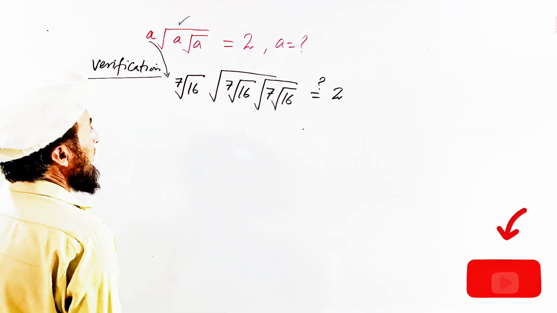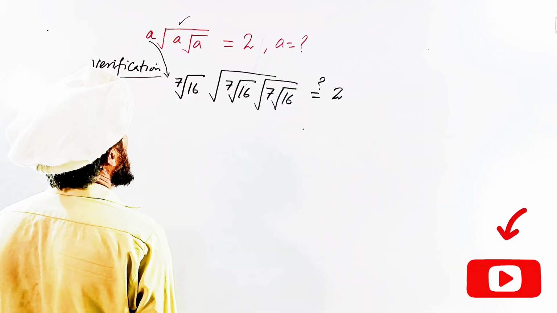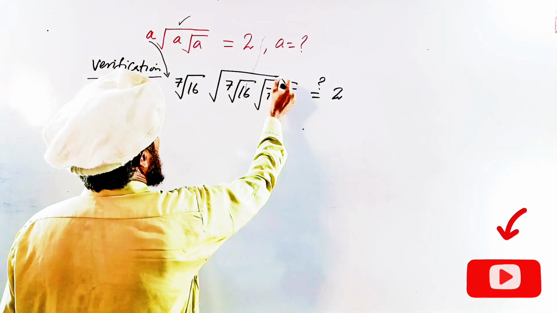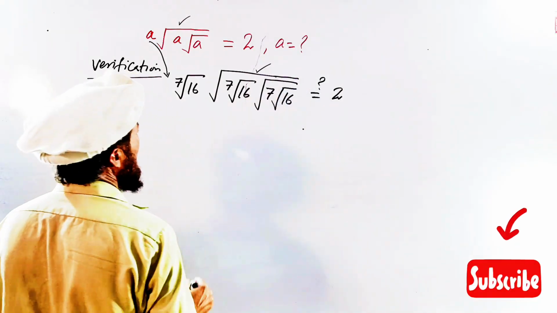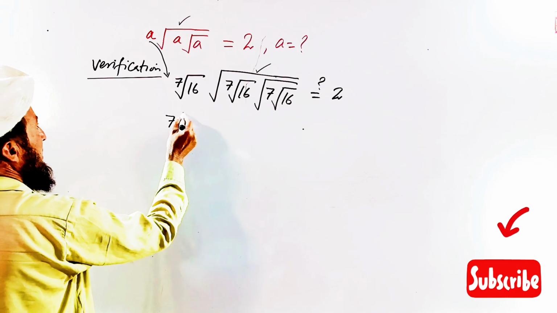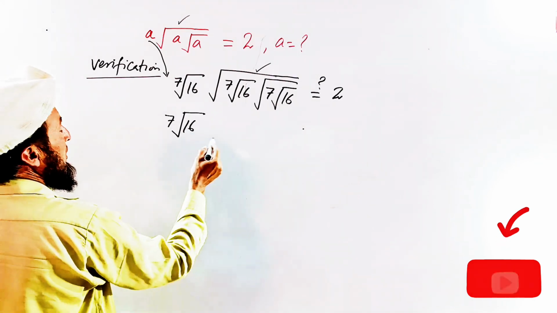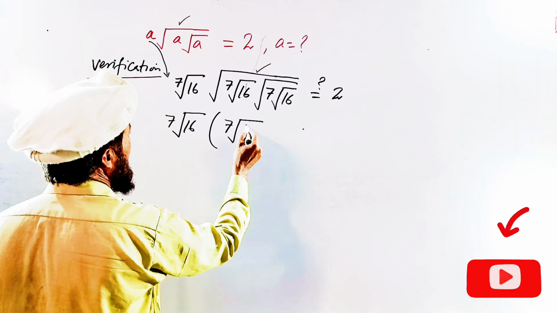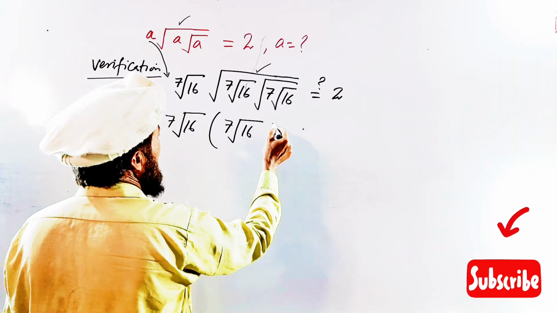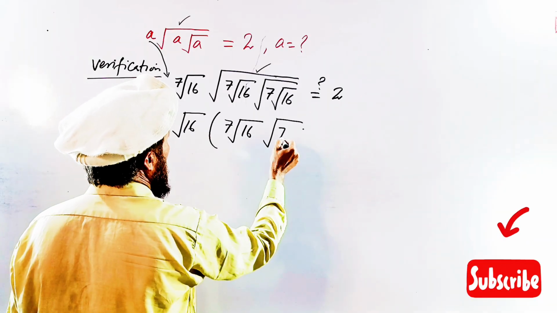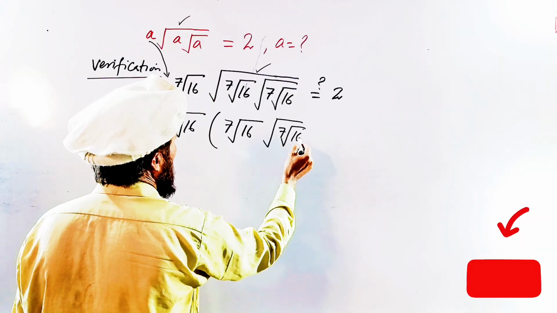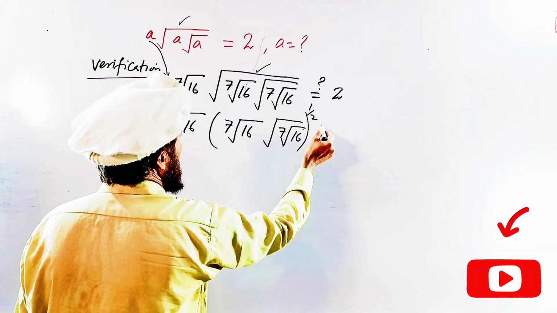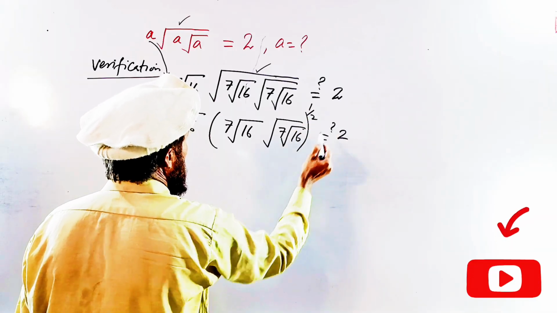Now according to the rule, first of all we open the whole square root of the 7th root of 16, and we can write the square root of the 7th root of 16 as a whole to the power 1 by 2 is equal to 2, is the question mark.